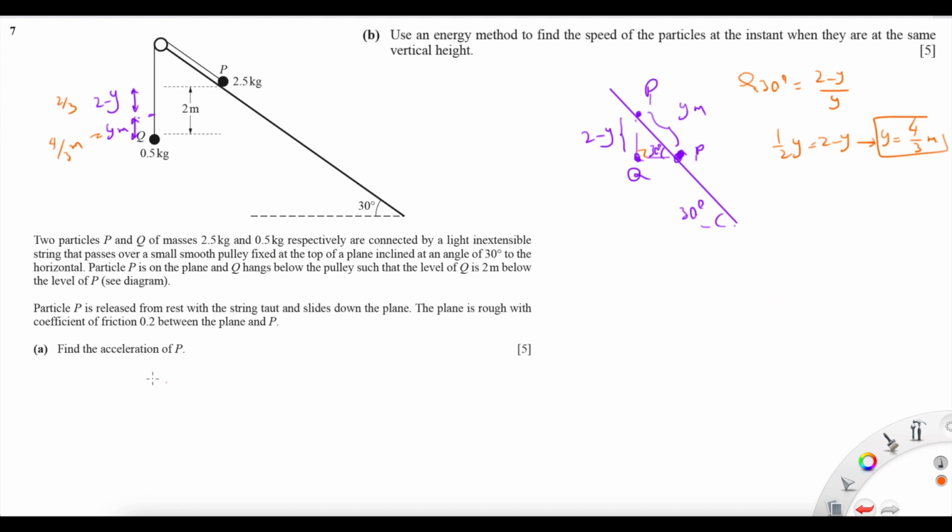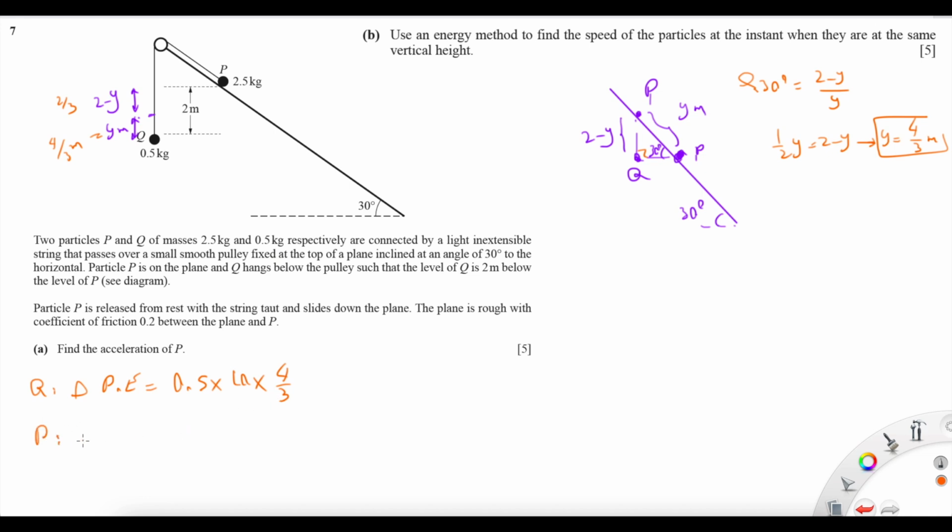Now let's use the energy method. For Q, I write change in potential energy. It will become 0.5 times g times h: half, g is 10, height, it moves 4 over 3 meters up, so times 4 over 3.